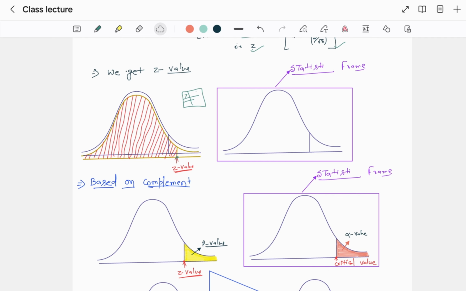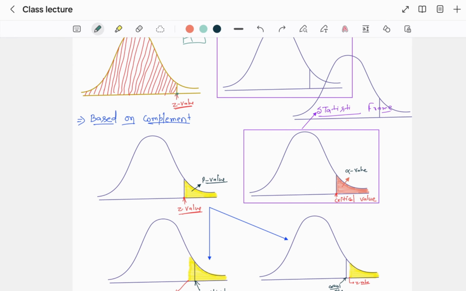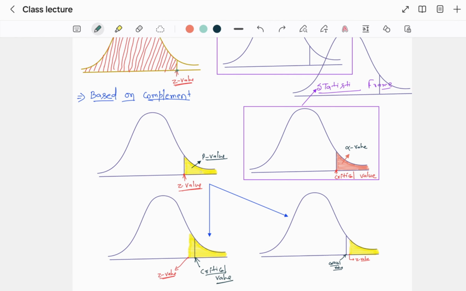Now we can see this. I will keep it slightly deviated so that we can visualize it. Now see this, our data is going into the rejection region. Once we have got the area from the Z value, we use the complement to calculate the area of this, and this area will be called the p value.